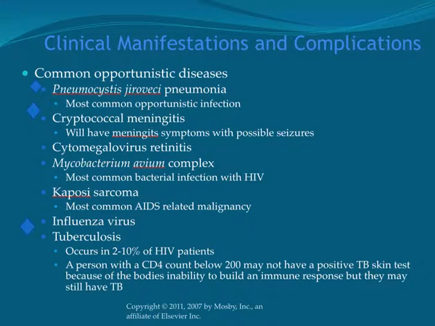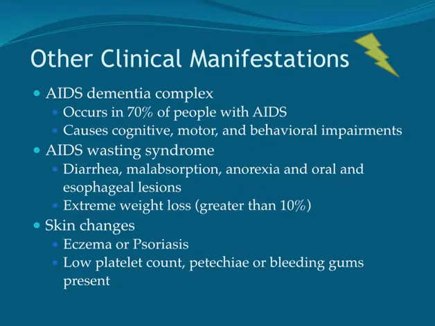So the pneumocystis, the cryptococcal meningitis, cytomegalovirus, mycobacterium, Kaposi Sarcoma, influenza, TB, all of these are linked to opportunistic infection diseases in HIV patients.